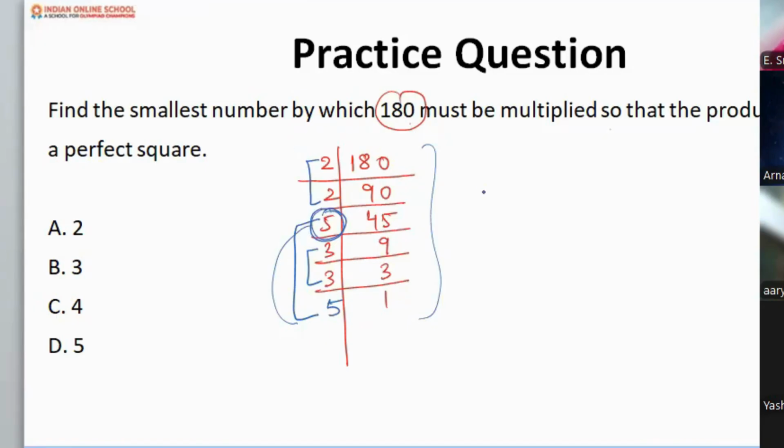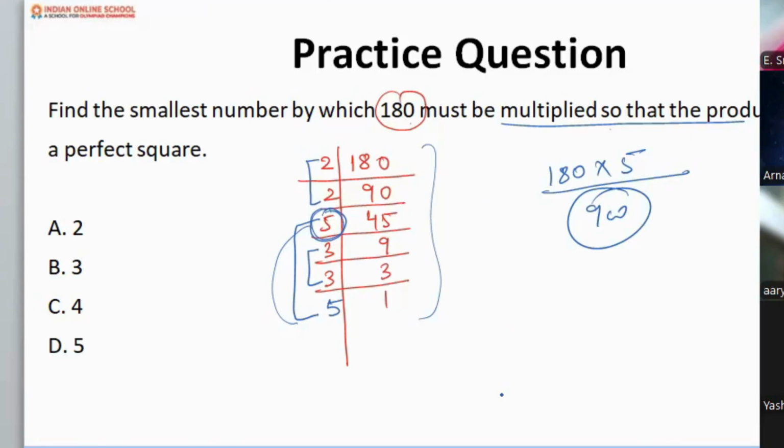The question is asking the same thing, by which we need to multiply so it becomes a perfect square. So 180 multiplied by 5 becomes 900, and 900 is a perfect square number. Understood, everybody? Whatever number is all alone, we need to multiply with the same number to make any number a perfect square number.